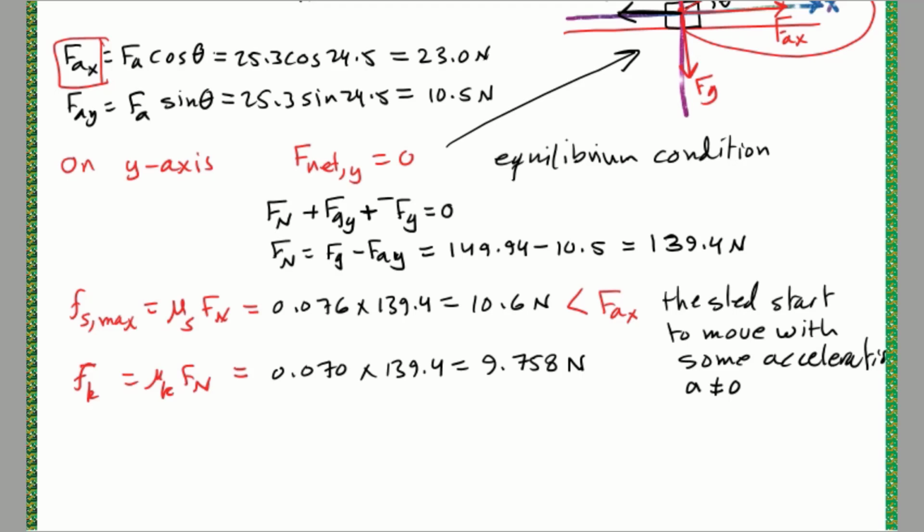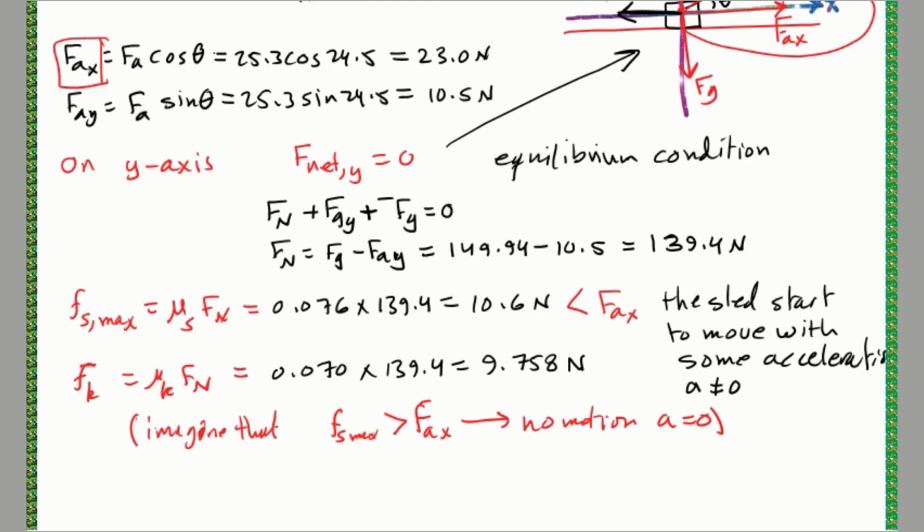Imagine that Fs maximum is greater than the motive force Fax. Immediately you will see no motion and the acceleration will be zero, and you will finish with this question. Okay?